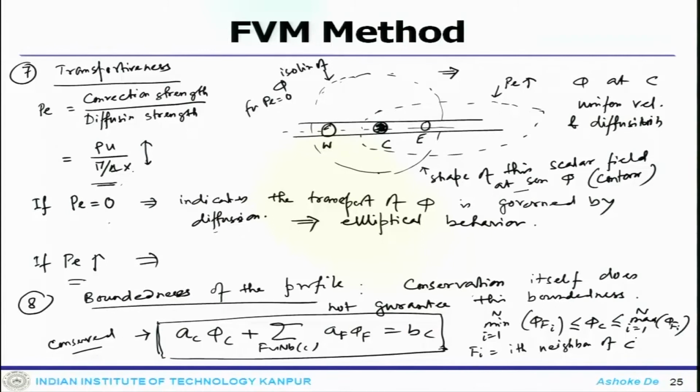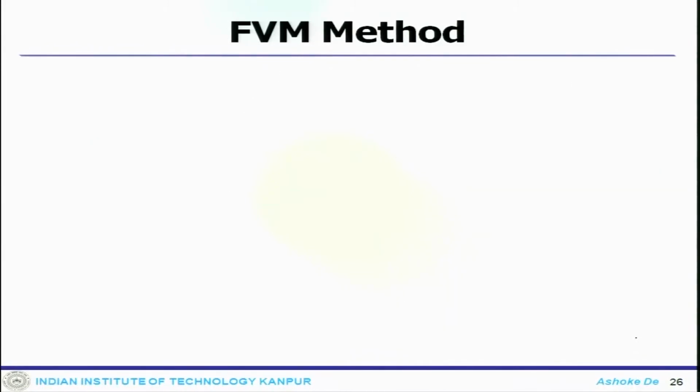So, essentially if you have an element like this and you have all the neighbors 1, 2, 3, 4, 5.